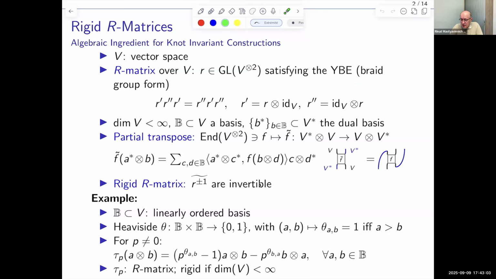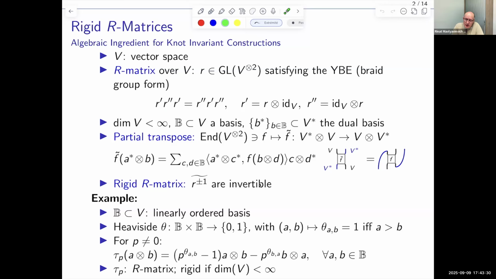If you have R like this, then you take R', which is R tensor identity, also called R12, and R'' is identity tensored with R, also called R23. And then the equation is here.